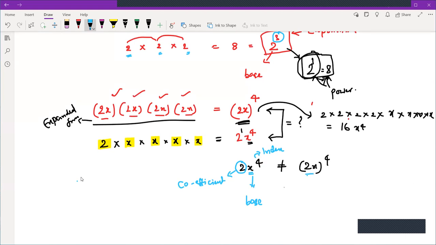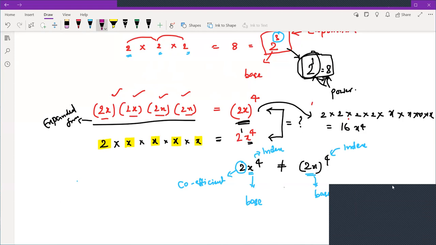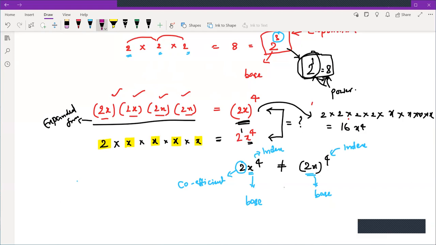In the other case, 2x is the base, 4 is the index. What is the coefficient here? If nothing is there, we can multiply by 1, right? Yes, sir. So 1 is the coefficient. That's all. This is the basic concept of exponents and powers.